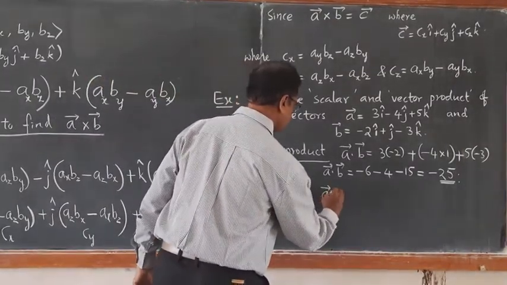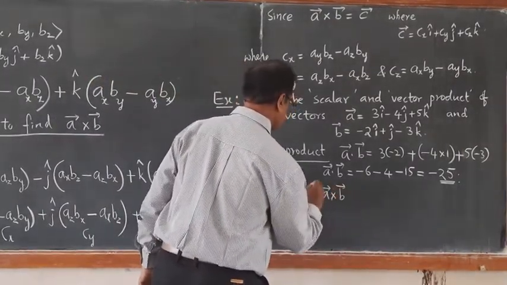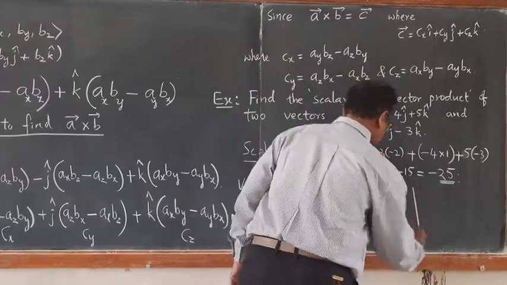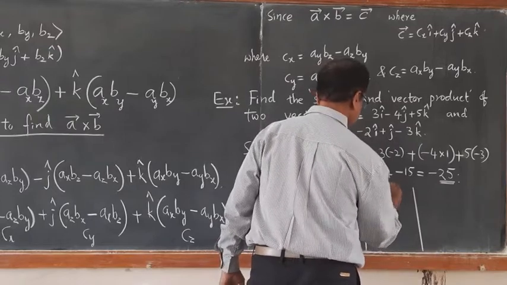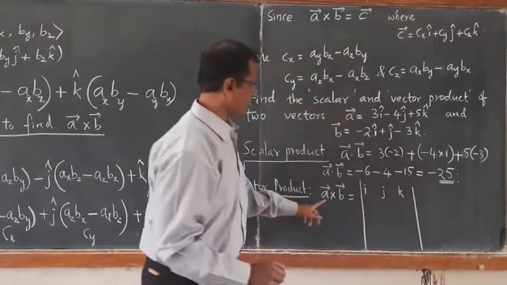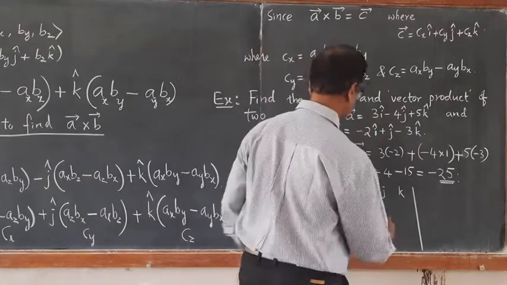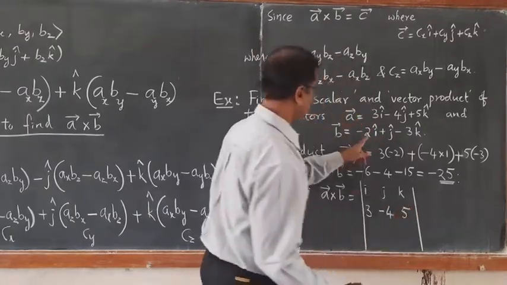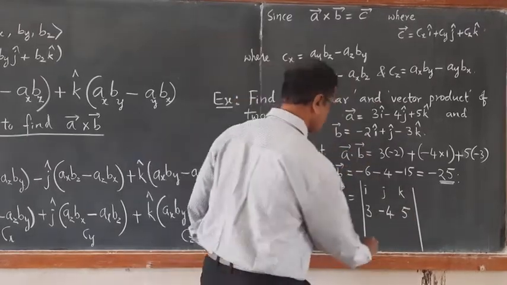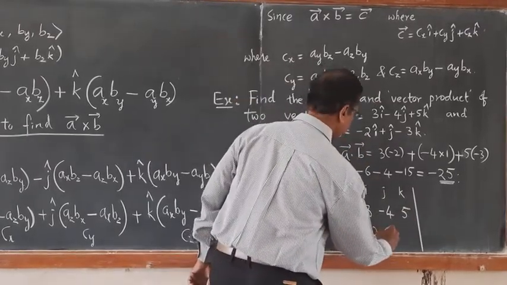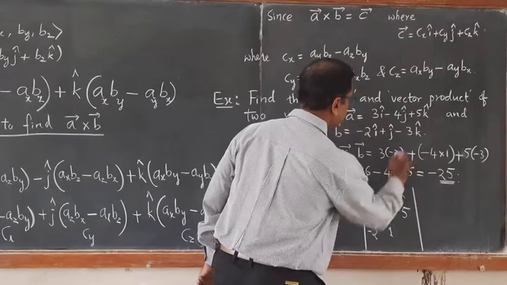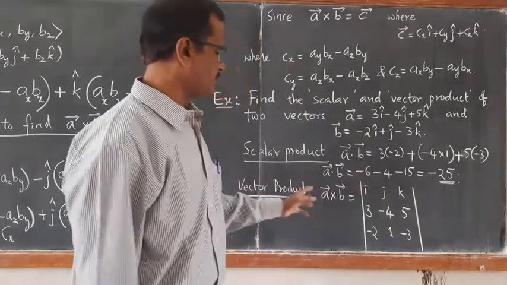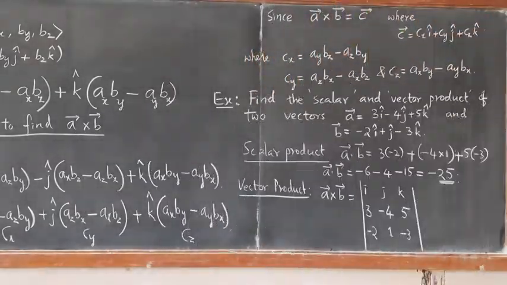Vector A cross vector B equal to, put the parallel lines, I, J, K, components of vector A: 3, minus 4, 5, components of vector B: minus 2, plus 1, minus 3. So we have to continue the same method as I have expressed earlier.